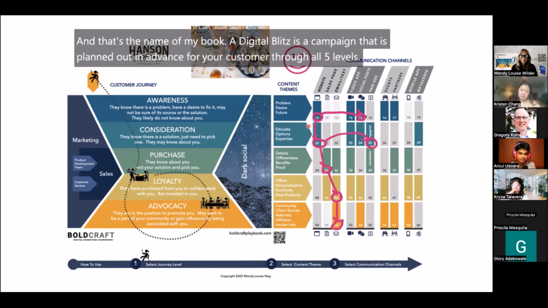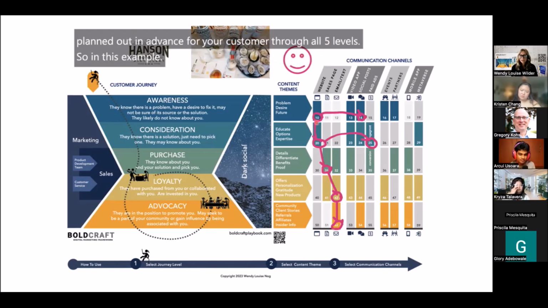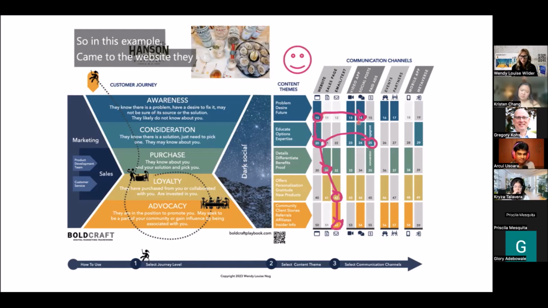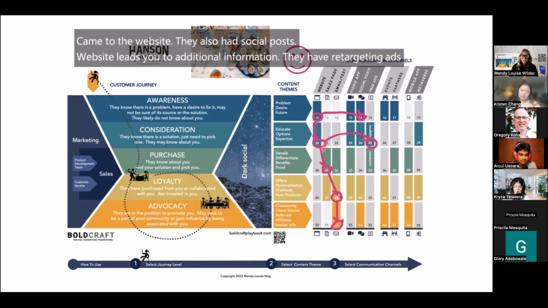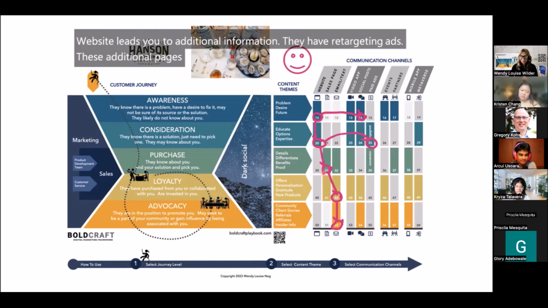So in this example, they came to the website. They also had social posts. The website leads you to additional information. They have retargeting ads. These additional pages will take you to the sales page. And then once somebody buys from you, you have their email address.